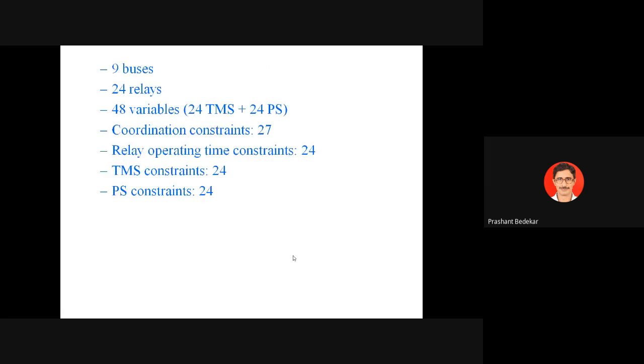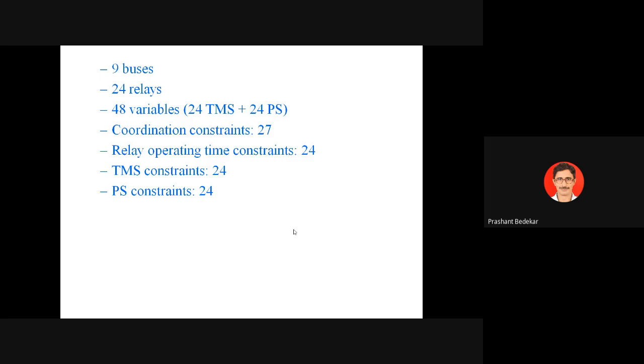So consider a considerably large system. The system which I have shown has 9 buses and 24 relays. As there are 24 relays, there will be 48 variables in the problem, and you cannot solve this problem manually. You have to go for computerization, a computer program. 24 time multiplier settings, 24 plug settings.